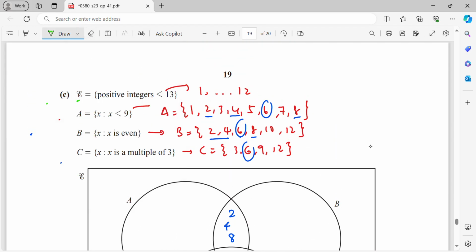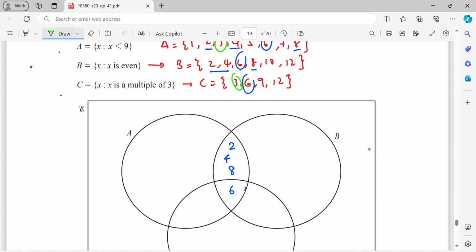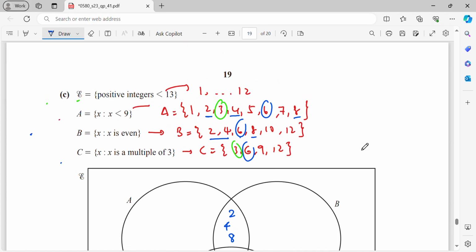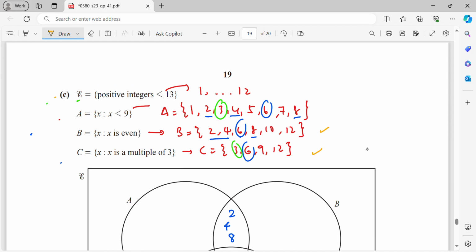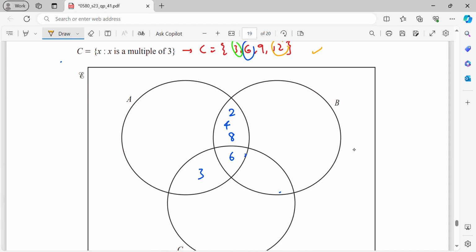So now A and C, I have the 3, then that's all. So it means that I need to add on 3 over here. Then now between B and C, okay, which is this part. So let's look at the diagram, B and C. So 12, that's all. Alright, so I get 12.